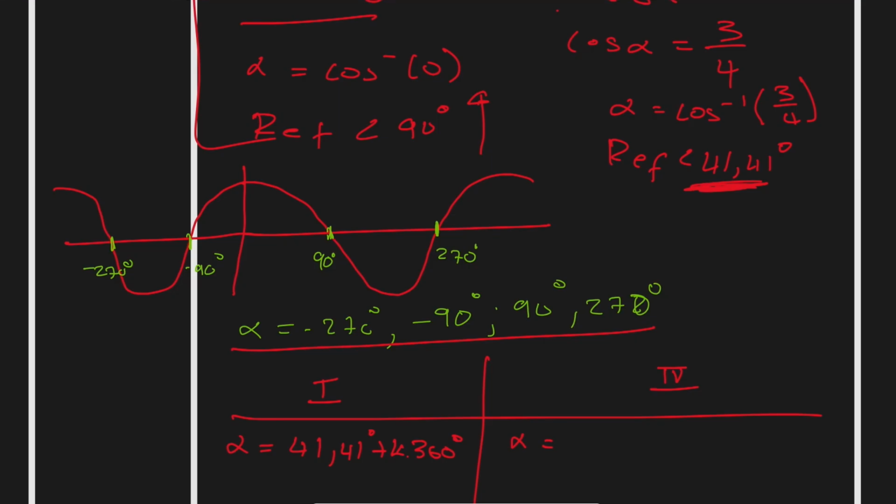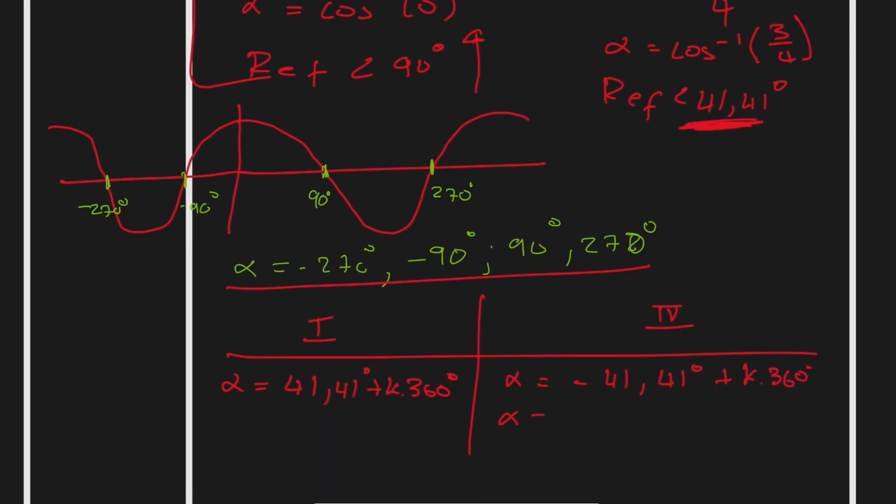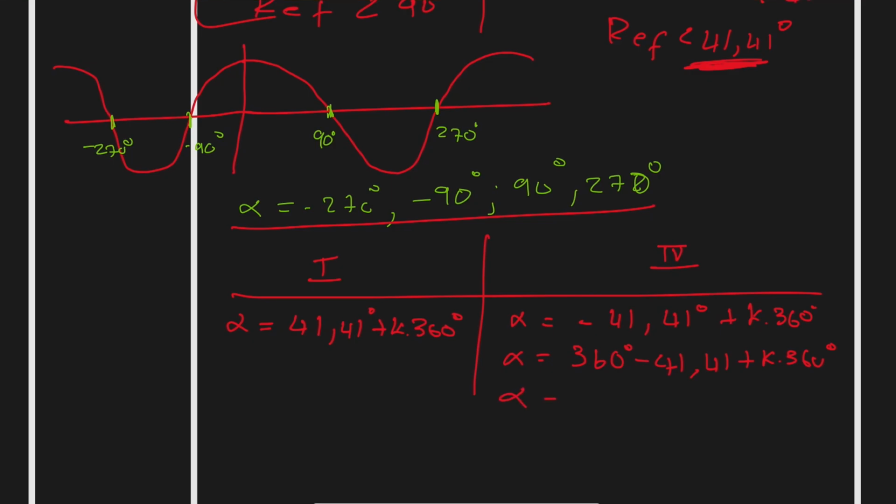So the other solution will be minus 41.41 degrees, and then we can add k times 360 degrees. The other solution will also be, remember on the fourth quadrant, you still have 360 minus your reference angle, which is 41.41, plus k times 360 degrees. So now your alpha in this part is going to be what?